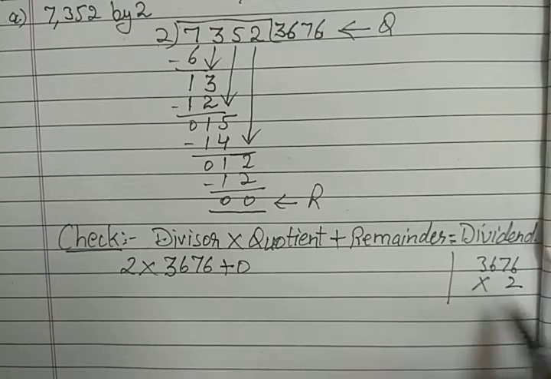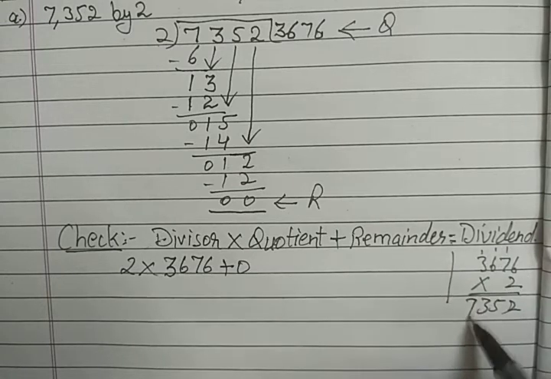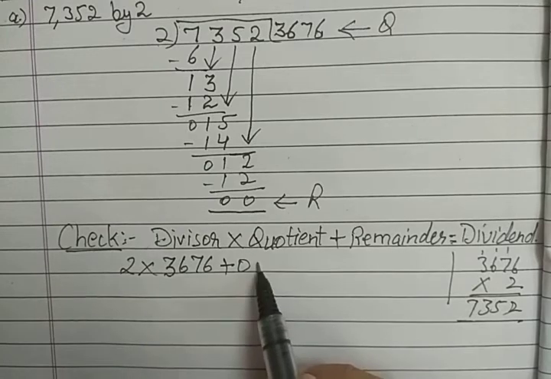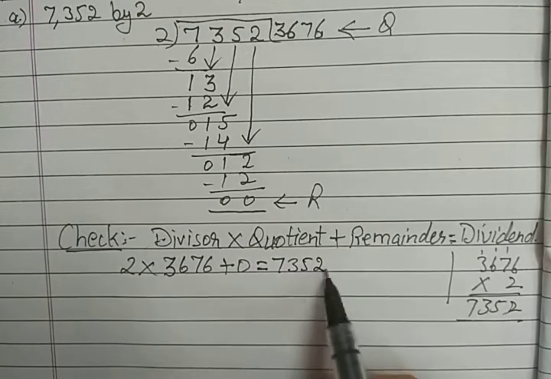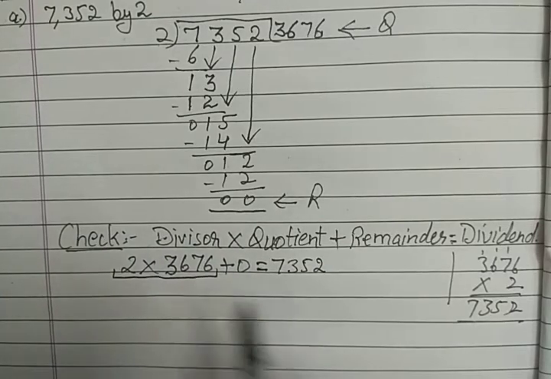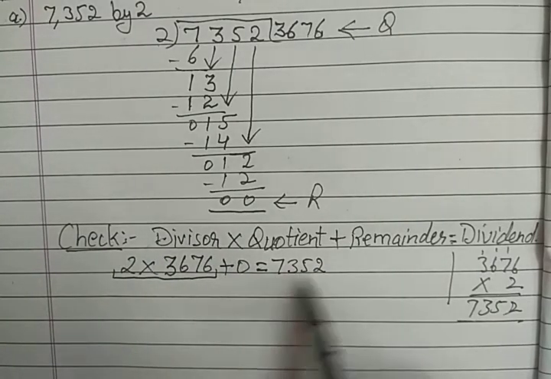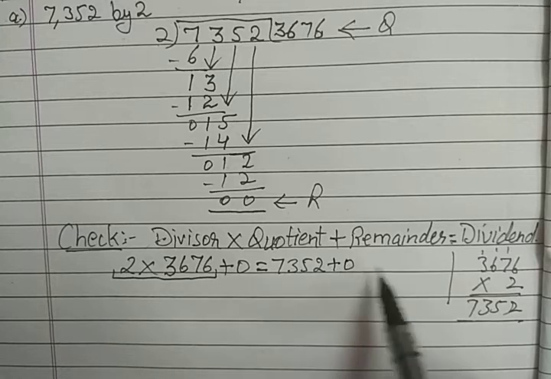3676 multiplied by 2. Now 2 6s are 12, 2 7s are 14 plus 1 is 15, 2 6s are 12 plus 1 is 13, and 2 3s are 6 plus 1 is 7. So it is 7352. When we multiplied these two numbers, we get 7352. Now what is left? Plus remainder, that is 0.